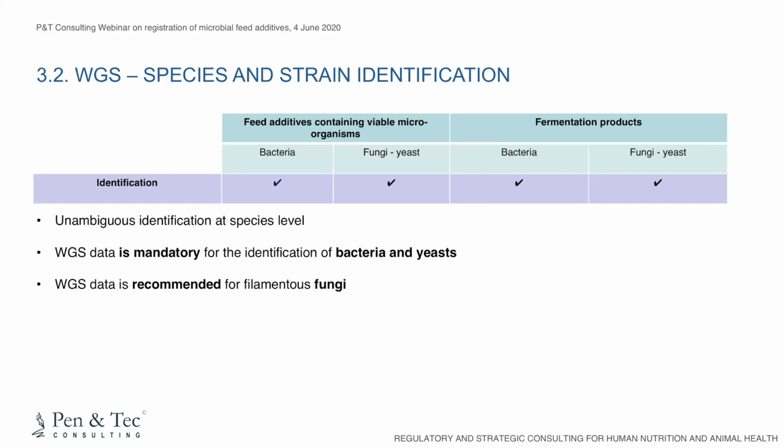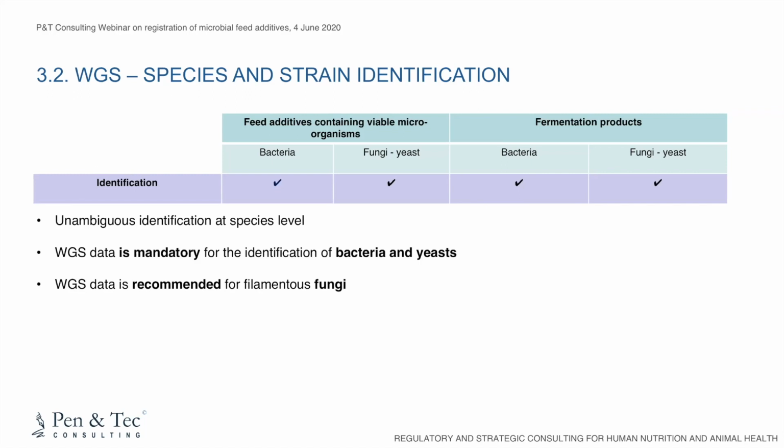For bacteria, it is preferable to use techniques such as average nucleotide identity, phylogenomic methods, or digital DNA-DNA hybridization. Alternatively, sequences such as the 16S RNA gene or other housekeeping genes can also be compared to relevant databases.